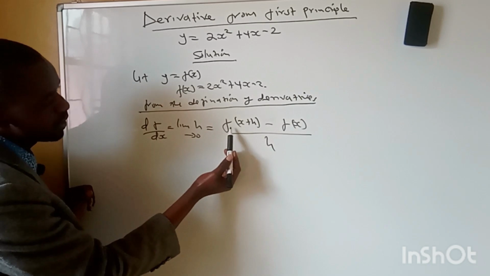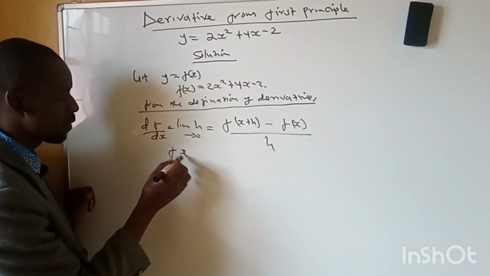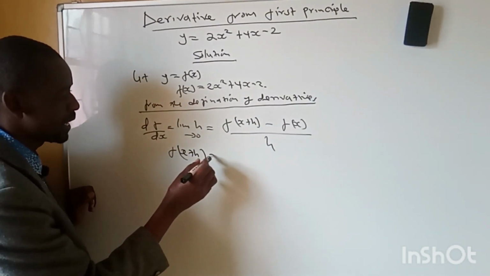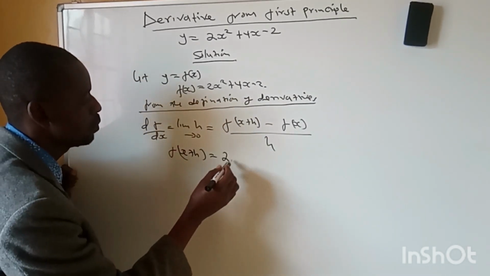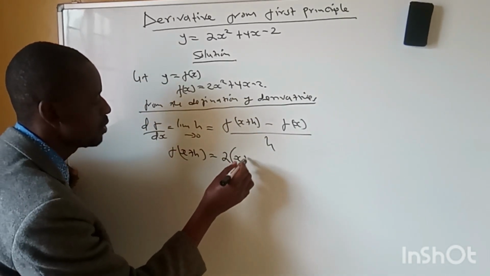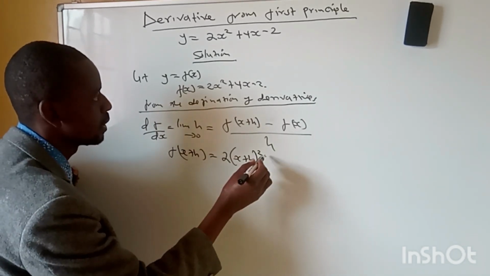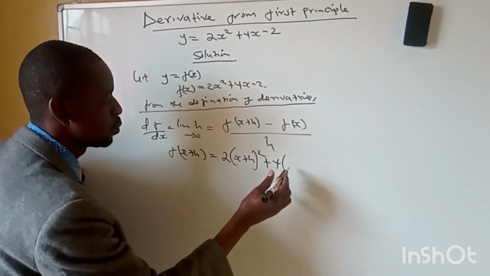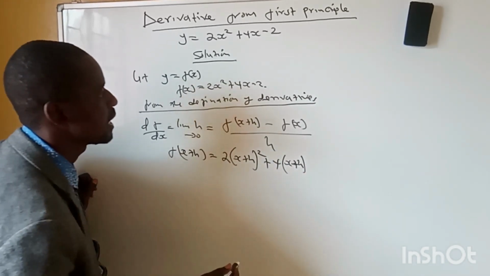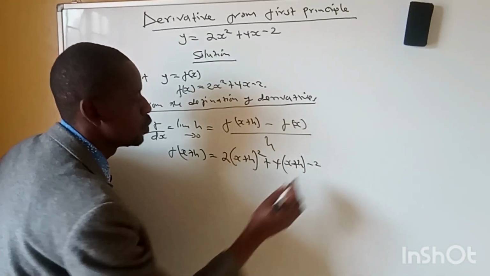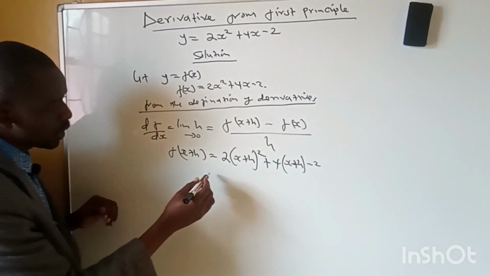So can we now take the function of x plus h? That is going to be 2 into x plus h, remember it is squared, plus 4 into x plus h, minus 2.